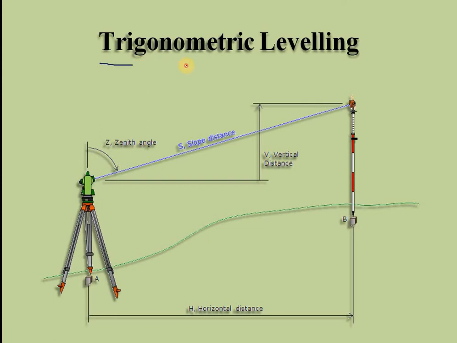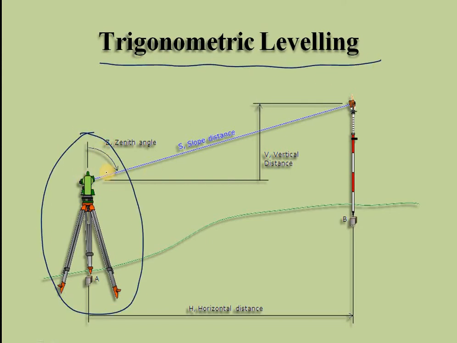Now let us come to trigonometric leveling. This is our instrument, a theodolite or tachymeter or any total station. We can use a total station very easily nowadays. This is our ground level, and on the ground level the instrument is fixed. Point A is the center point with the plumb, and this is point B, and this is a leveling staff, or any theodolite staff or total station staff, from which the reading is seen.